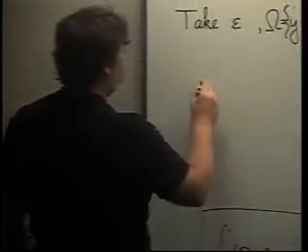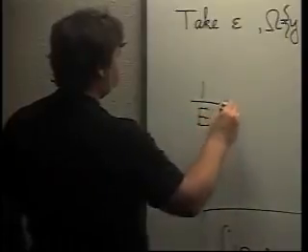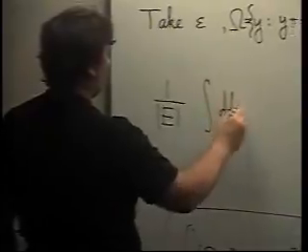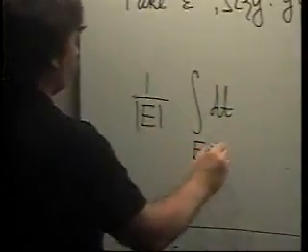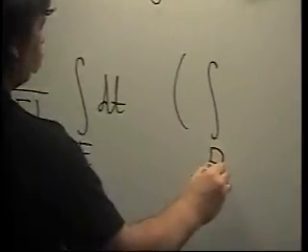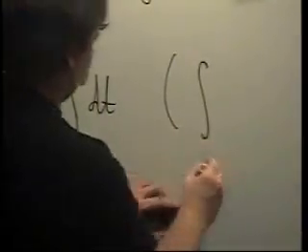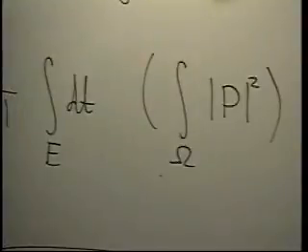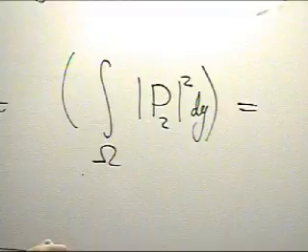I'll take the average over t, the integral with respect to t, and then I'll take the integral over omega, which depends on epsilon, of p2 squared dy, and I'll try to estimate it.